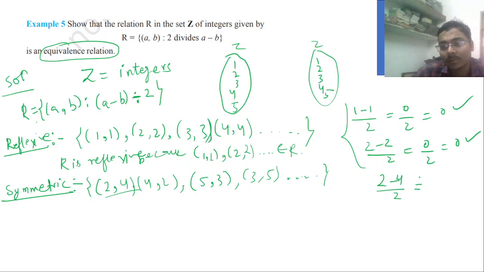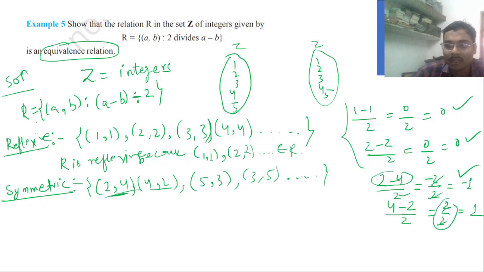What is 2 minus 4? 2 minus 4 is negative 2, divided by 2, giving a result of negative 1. So we are able to divide this difference by 2. That's why (2,4) is in the relation. Now we have to check (4,2). We get 2 by 2, which is 1. So we are again able to divide the difference by 2. So that's why this is in the relation set.